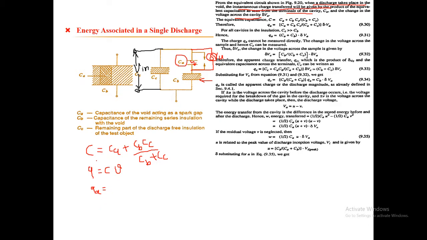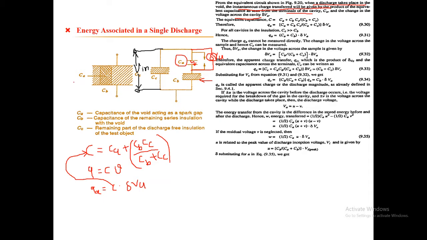So QA is the equivalent capacitance multiplied with delta VA, that is C into delta VA, where C is the equivalent capacitance of the circuit seen from the cavity side. So C is equal to CA plus CB into CC upon CB plus CC.